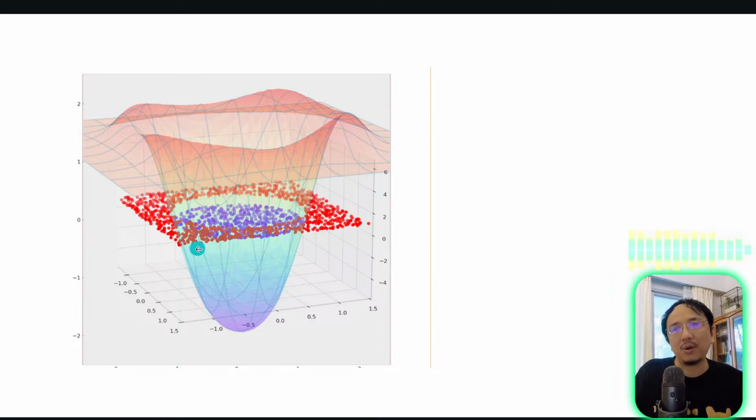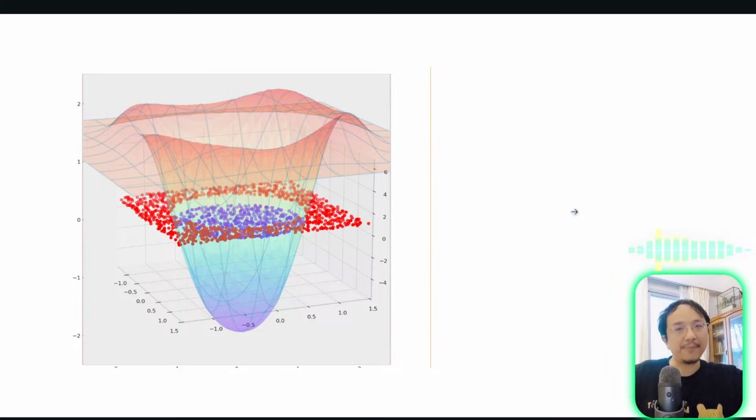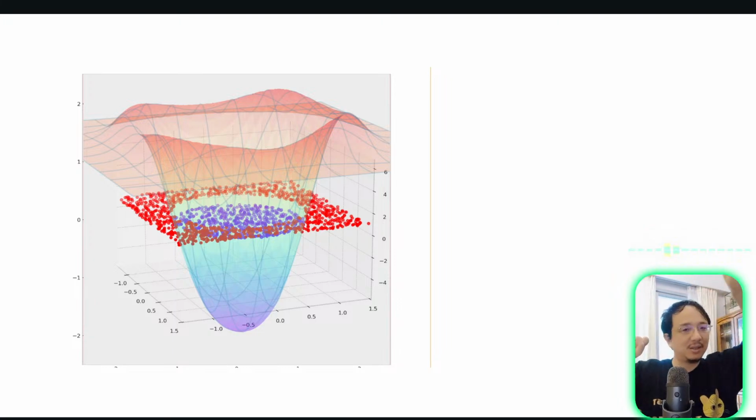Again, this example is an analogy to the toy example of positive and negative numbers. If you recall, the positive samples have a y value of 1, and the negative samples have a y value of -1.